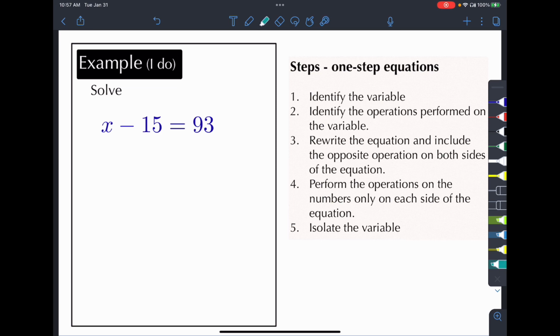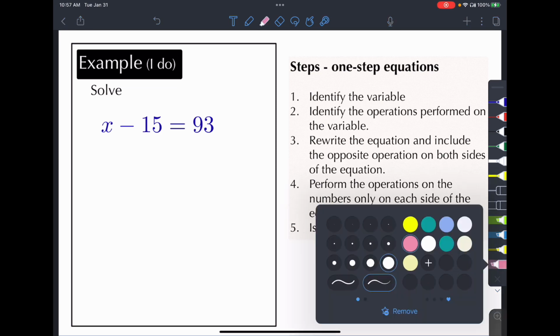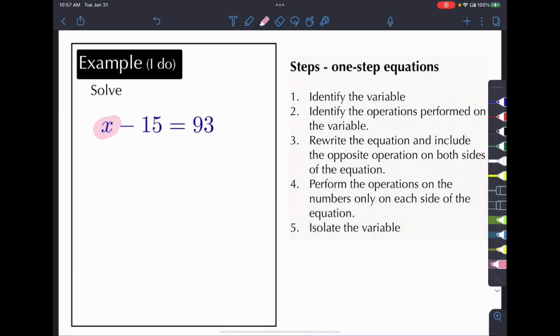So step 1 was to identify the variable. Step 2, identify the operation performed on the variable. That's minus 15. All right, step 3, rewrite the equation. So we have x minus 15 on one side. We have equals 93.